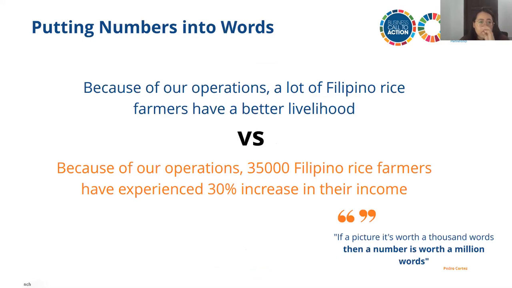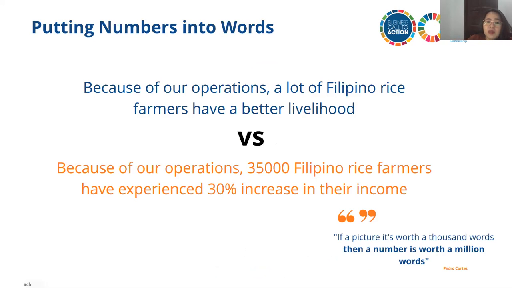So before we head on to the workshop proper mismo, these are something that you should also take note of, especially when you're doing pitches. Putting numbers into words is more effective than being vague.